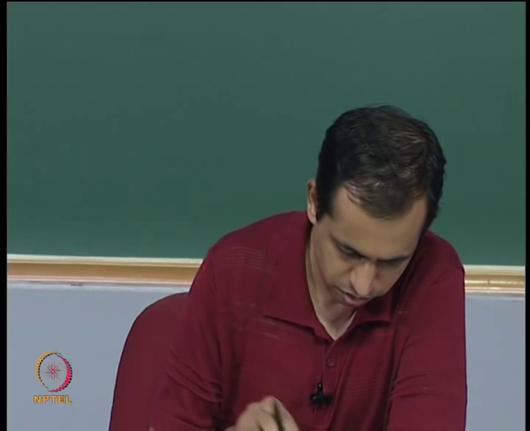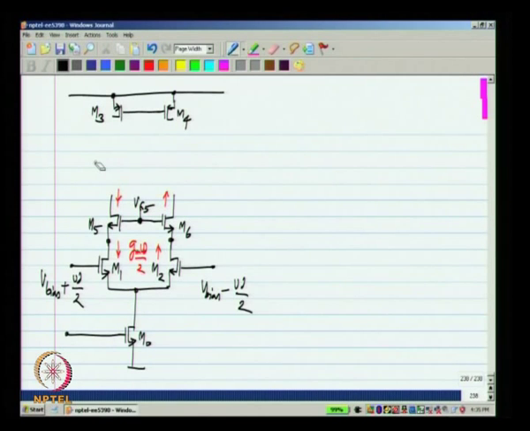So, we will use the cascode combination for both the load transistors and the differential pair transistors. We know how to make the cascode current mirror. I have to add 2 more transistors.